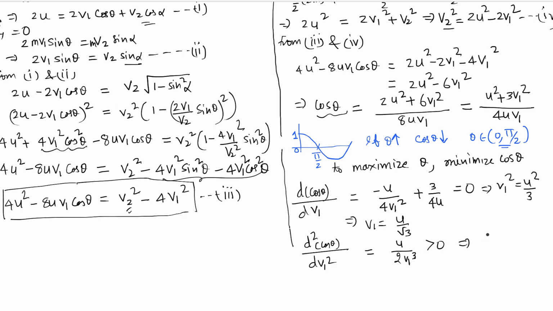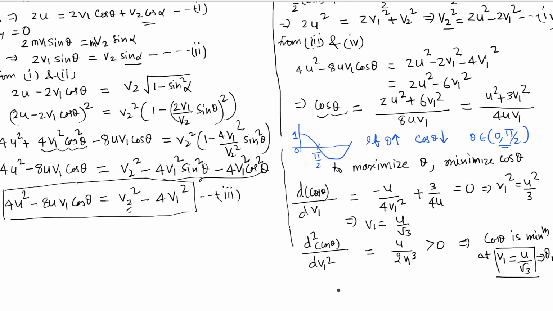That means cos theta is minimum at v1 equal to u by root 3, which means theta is max.